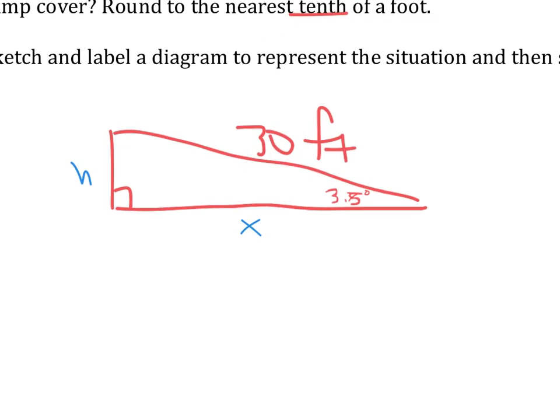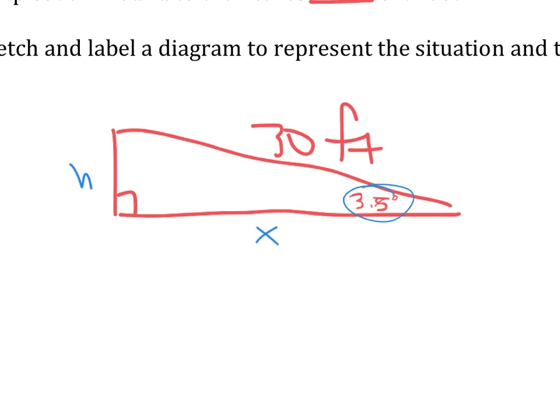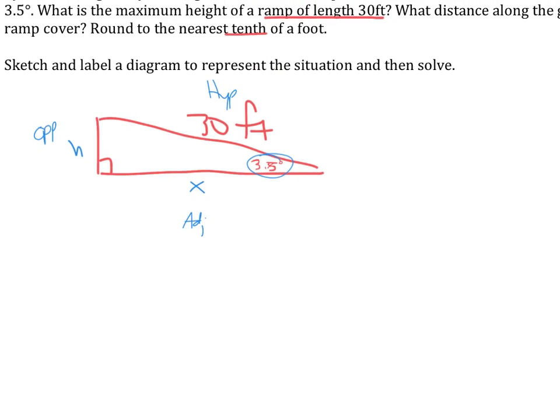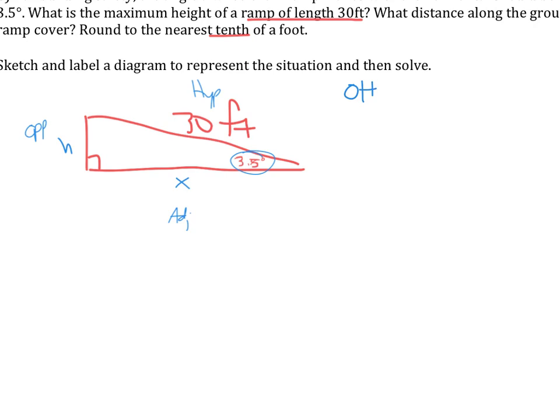So to do both of those, again, 3.5 is going to be my reference angle. We're going to have opposite, adjacent, and hypotenuse. So starting with the height, we're going to use O and H, which is going to be sine. Sine of 3.5 equals H over 30.